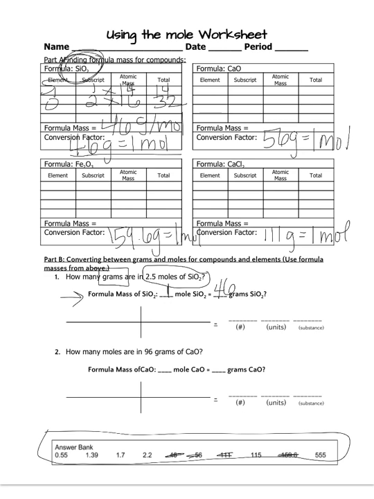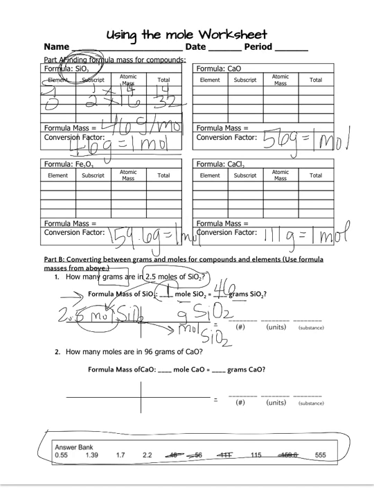And then we'll start with our given, 2.5 mole SiO2. Whatever I have right here has to cancel. And I have a conversion between moles and grams, so I can convert to grams at the top. And then I'm going to fill in my numbers.